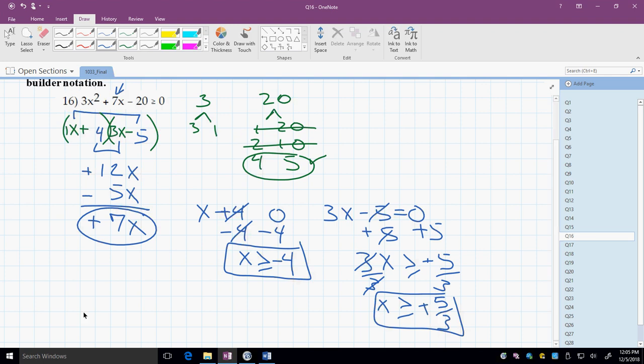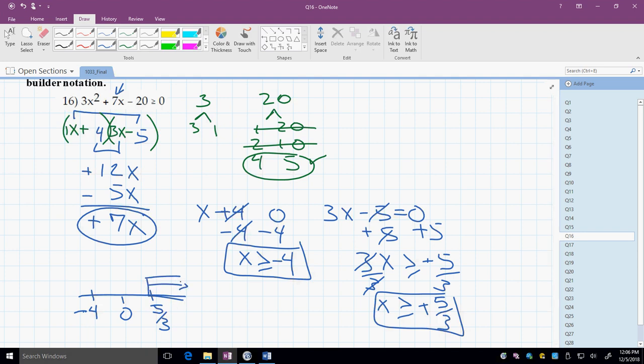So if you graph that, it's going to be negative 4. I'm going to say that it's around there. And then 5 over 3 around here. And it's saying that x is greater than 5 over 3, so greater means it's going that way, right?